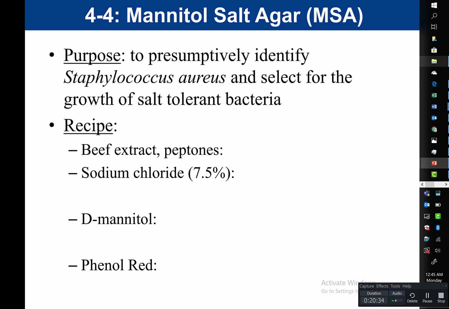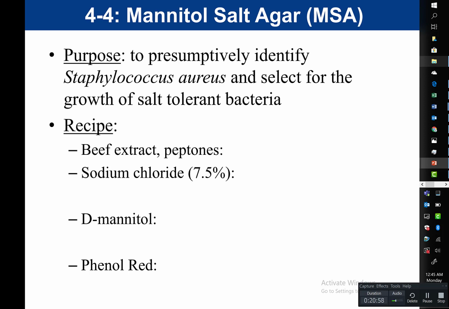So in this test, we are trying to presumptively identify. Remember, that means that is about a 95% confidence that it is Staph aureus. It's not 100%, it's presumptive. We will talk later about the confirmatory test. But for now, we're going to talk about MSA, which is our presumptive test.